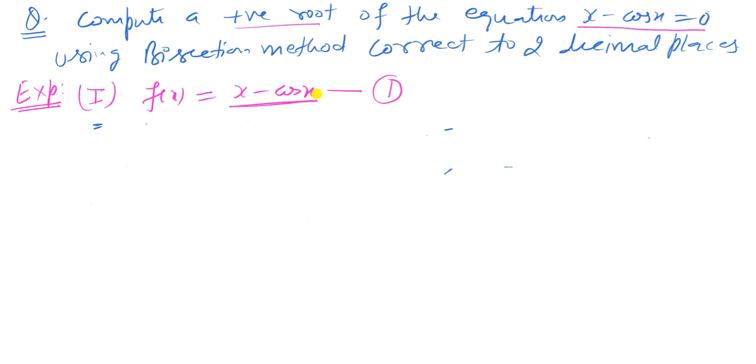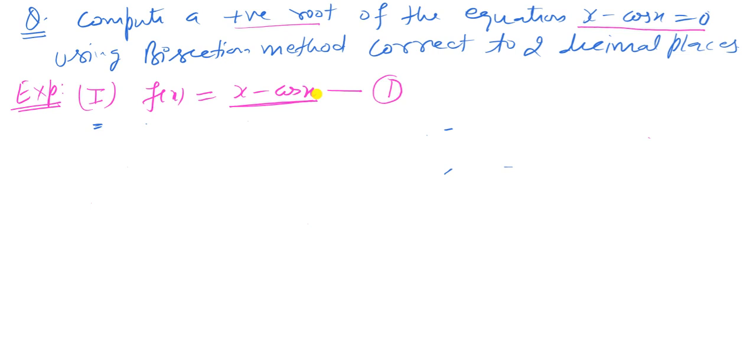So this equation is a transcendental equation, and transcendental equation cannot be solved with the help of the analytical method. So such type of equation is solved only with the help of the numerical methods. So here by using the bisection method, compute a positive real root of this equation correct to 2 decimal places.